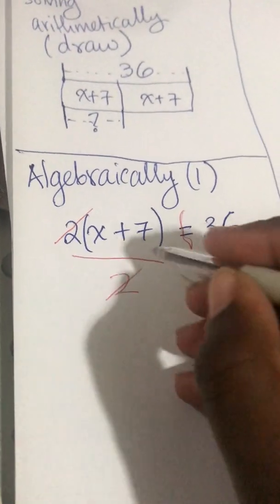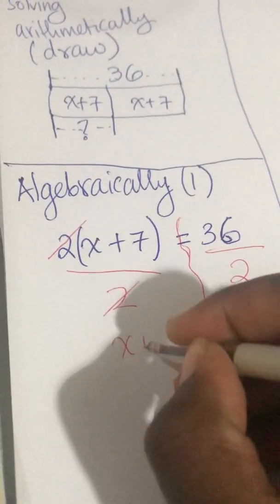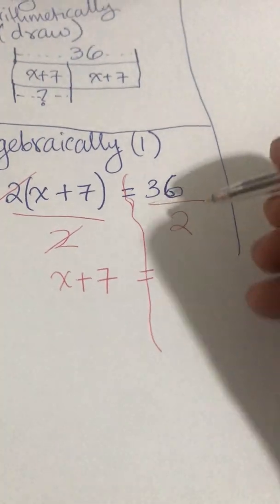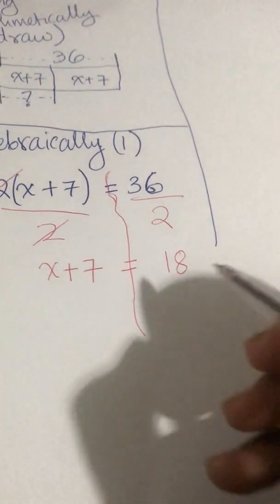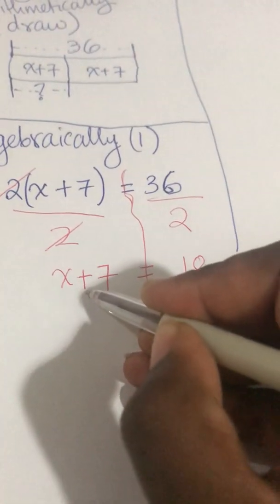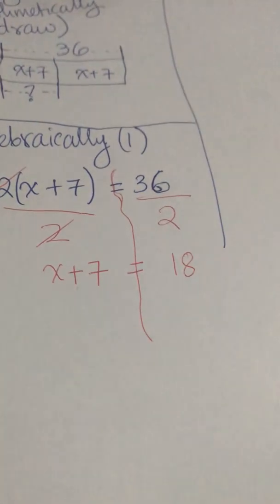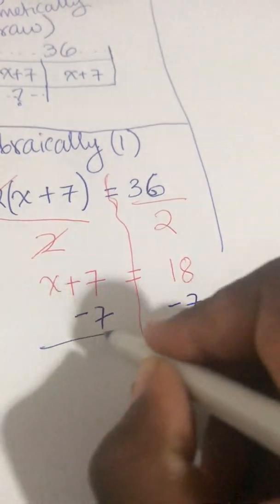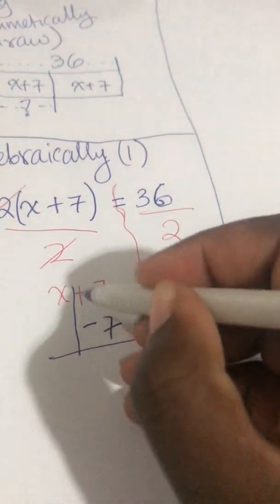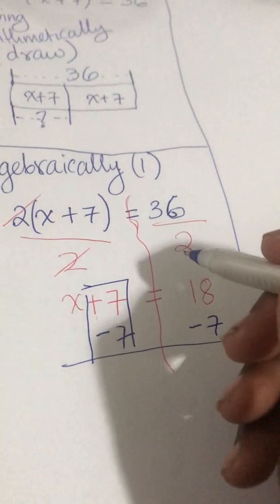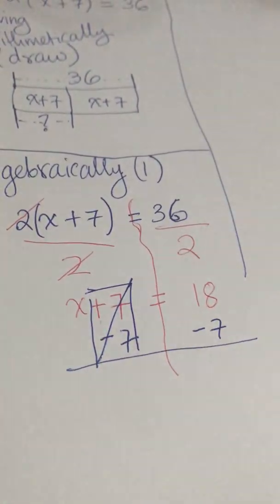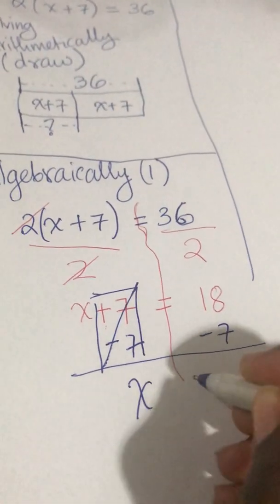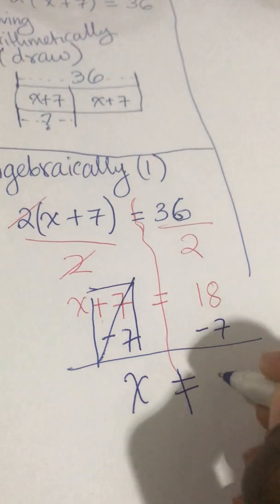Then you're left with x plus 7. And then you do 36 divided by 2, which is 18. And then here you're adding, so you'll do subtraction property of equality. You will minus 7, you will minus 7. And this one goes away. And then you're left with x equals 11.